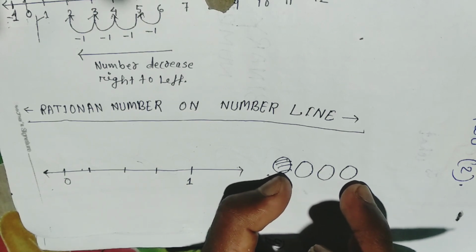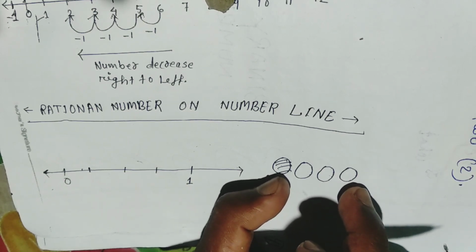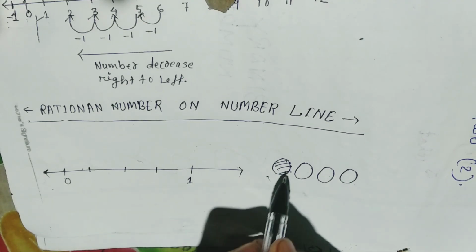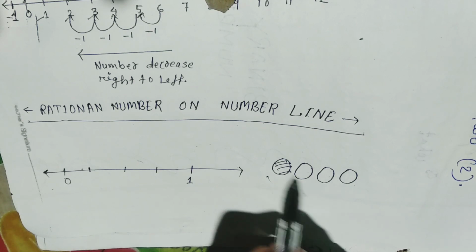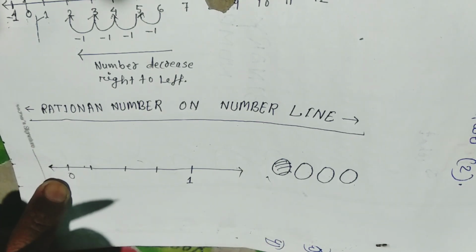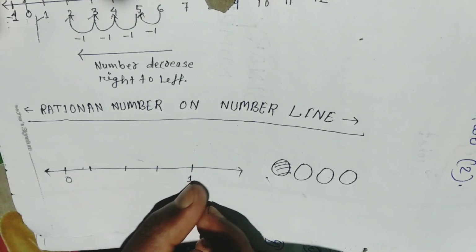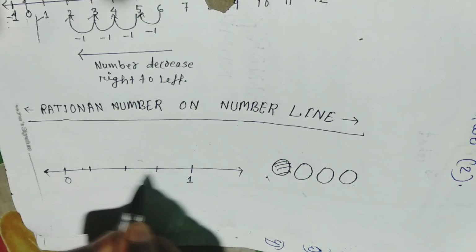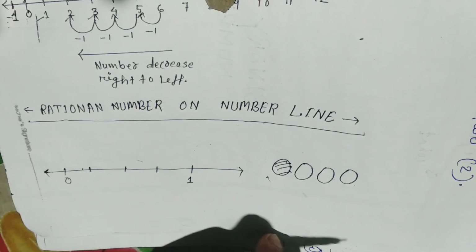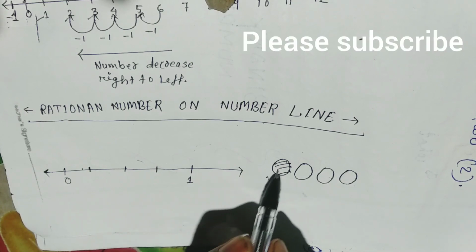So how to write this rational number in number line? See here, the parts are 4. Here 0 and here 1. Divide this space in 4 parts.